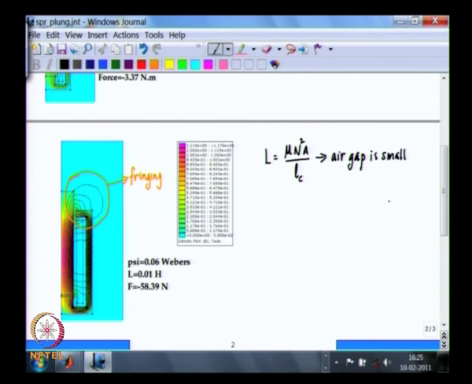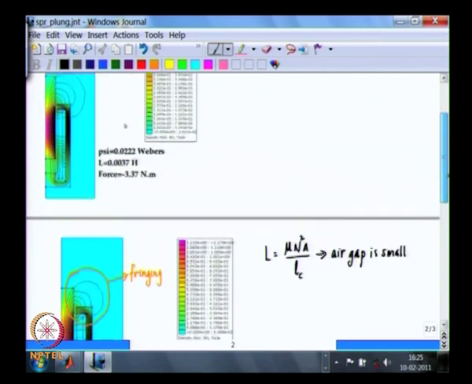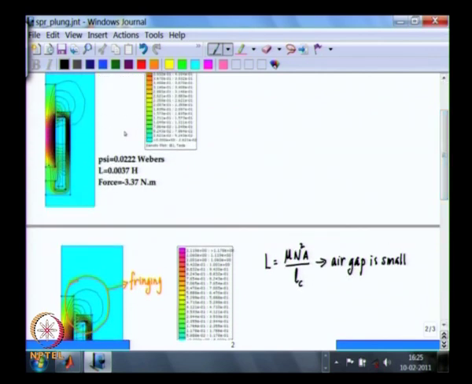If the air gap is small, then all the field lines that go through this iron bar cross the air gap and get into the other area, and not many lines flow the other way. But if the air gap is large, then the field is more distributed, and it is very difficult to find out what the inductance exactly is. Your hand calculations will not match the actual inductance that you get.